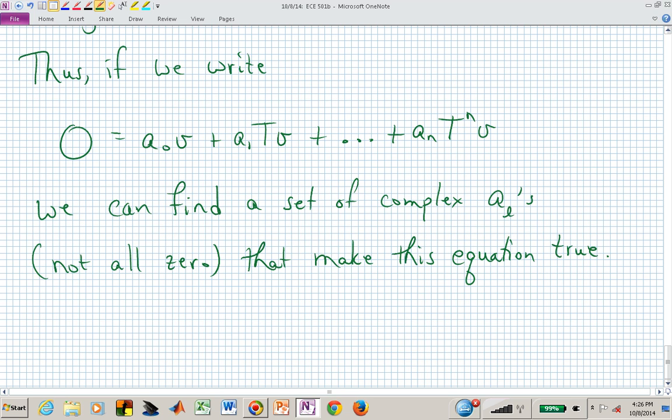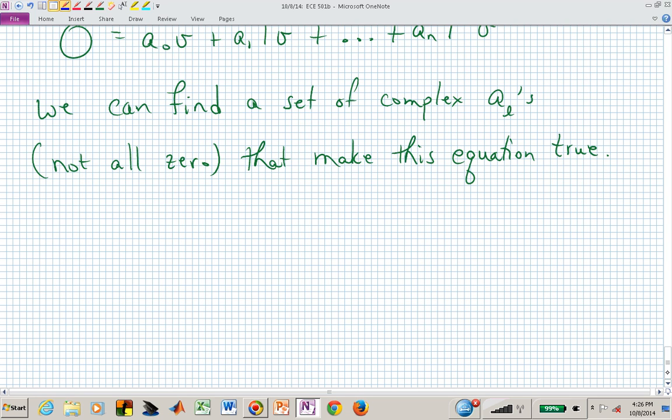We know this from material leading up to exam 1: since those n plus 1 vectors are linearly dependent, an appropriate choice of coefficients gives a linear combination summing to the 0 vector.